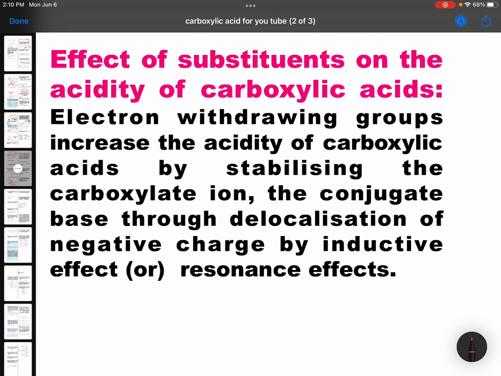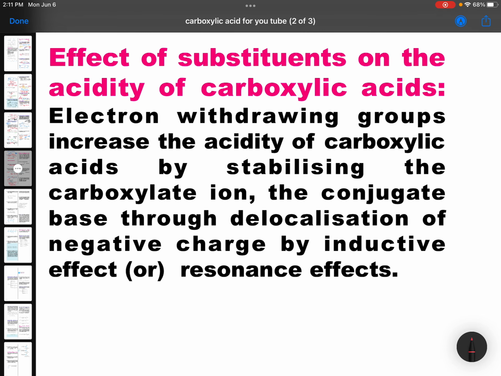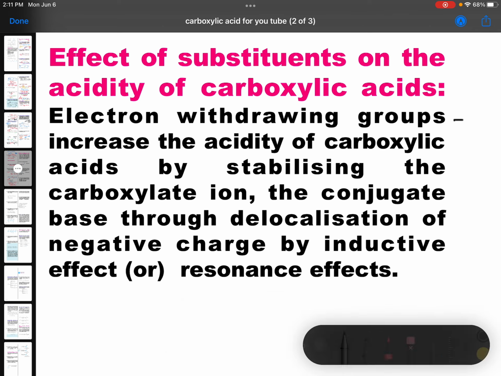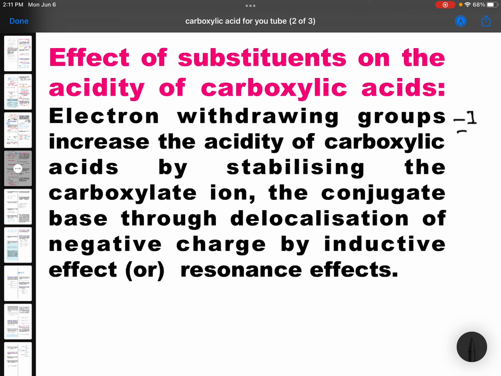Here are a few lines about the effect of substituents on the acidity of carboxylic acids. What are the effects? Electron withdrawing groups, minus I or minus M, increase the acidity of carboxylic acids by stabilizing the carboxylate ion. This is an important line. How can they stabilize the carboxylate ion?